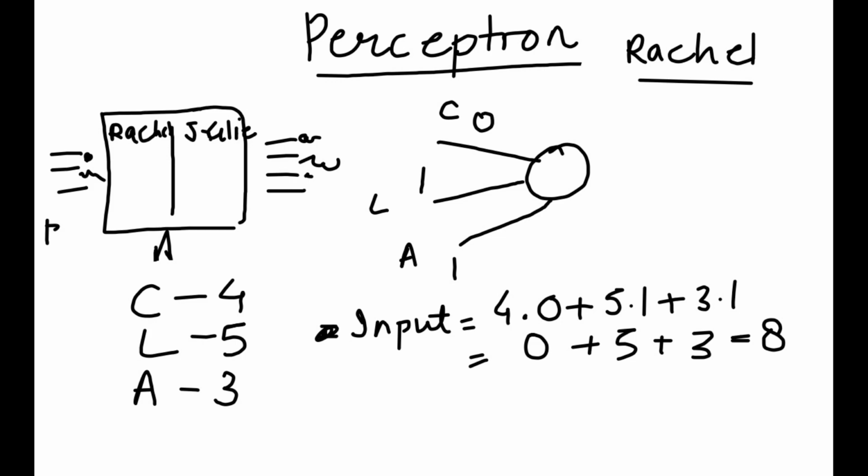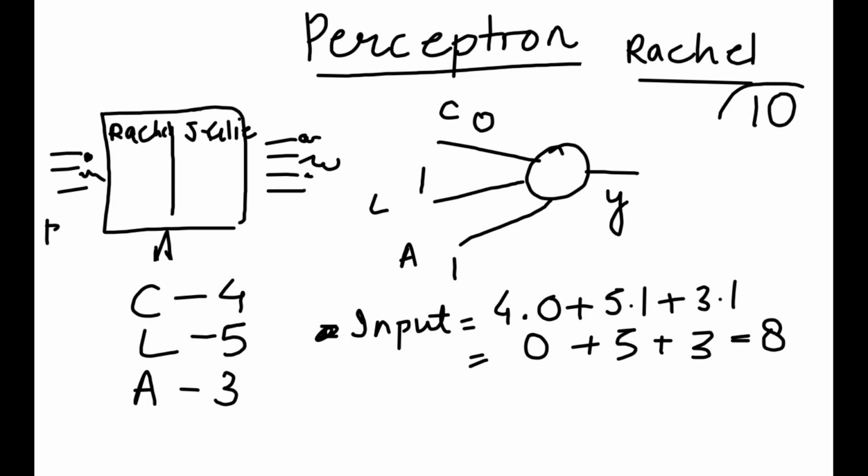So first of all, Ross needs to set a threshold for this perceptron, right? Because what a threshold decides is if the input is more than a threshold, then only is the perceptron going to fire, or the output of the perceptron will be a 1, or the output of the perceptron will be a yes.